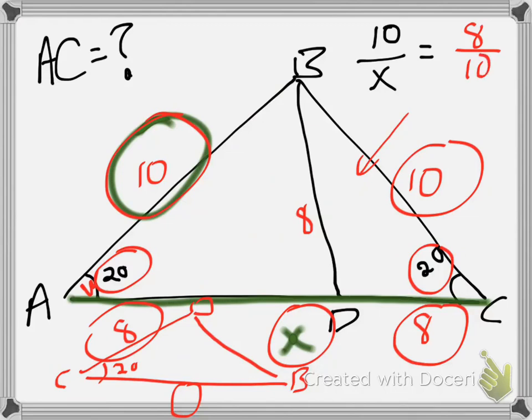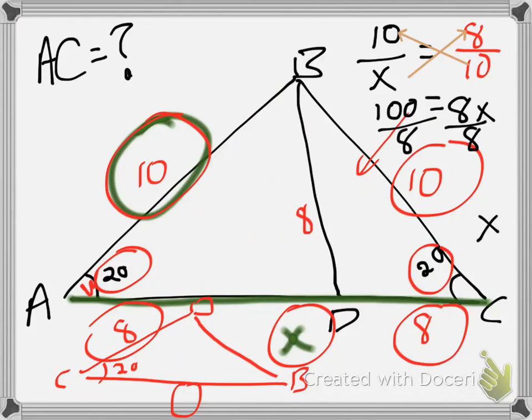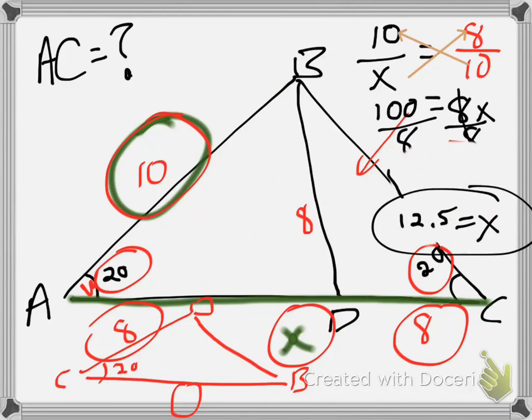Now that I have the numbers, I can cross multiply. 10 times 10 is 100 equals x times 8, which is 8x. Divide both sides by 8, and you get x is equal to 12.5. That's kind of a harder problem.